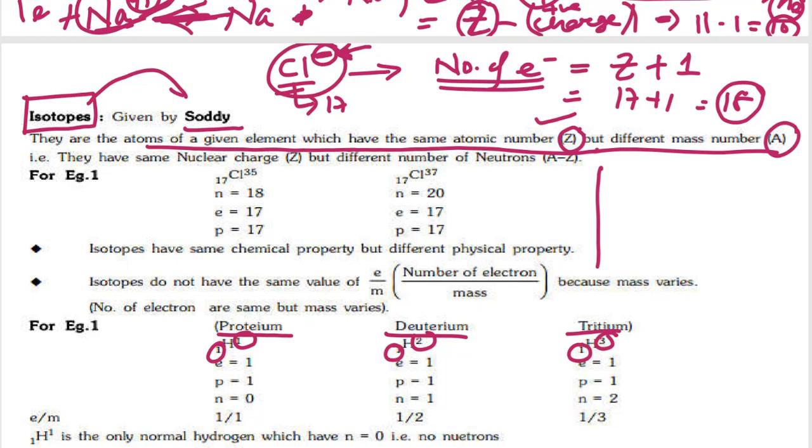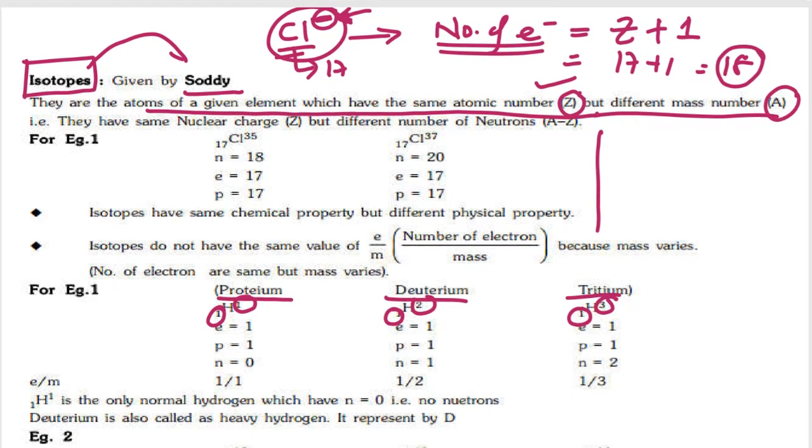Here we can see that isotopes have the same chemical property but different physical property. Why? Because the number of protons is the same but the number of neutrons is changing. The number of neutrons will decide the physical property, just like weight. The more the number of neutrons, the more your weight.